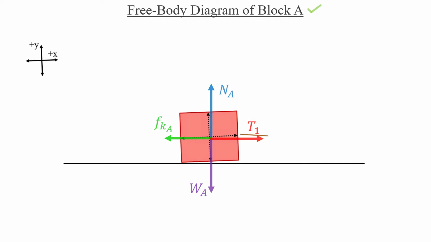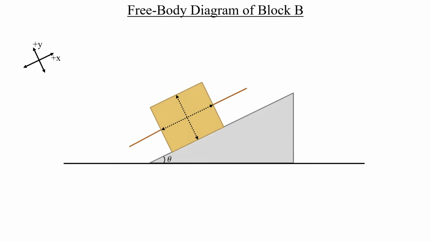With this block, we'll have to make some adjustments before we start labeling vectors. As you can see in the top left corner, I've adjusted the x-axis to be at the same angle as the ramp. And we are completely allowed to do this as long as we remain consistent in our directions. Moving to the right is still equivalent to moving in the positive x-axis, and similarly with the y.